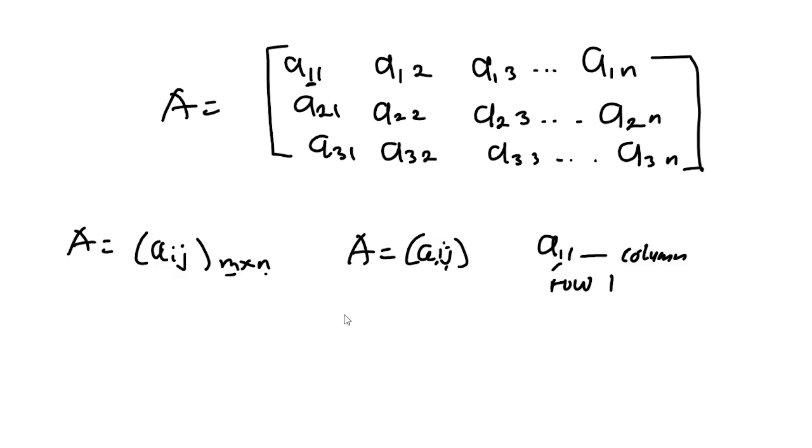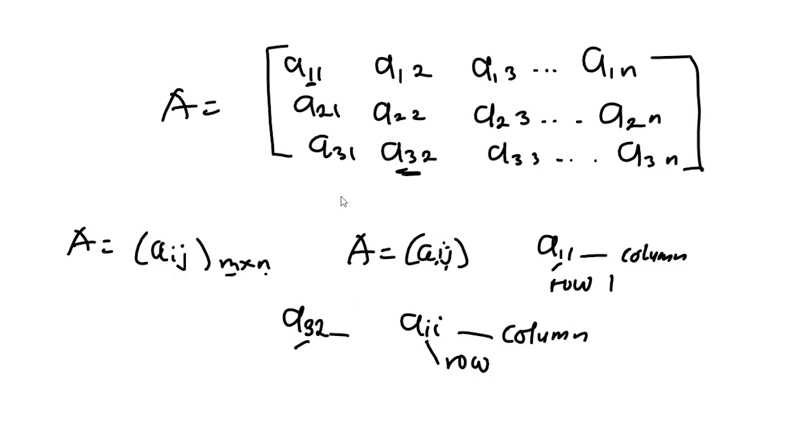Let's say we have A32. It means row 3, column 2. So where's row 3, column 2? This is where it is. So in a_ij, the first one, i, is the row, and the j is the column. So it is quite simple.